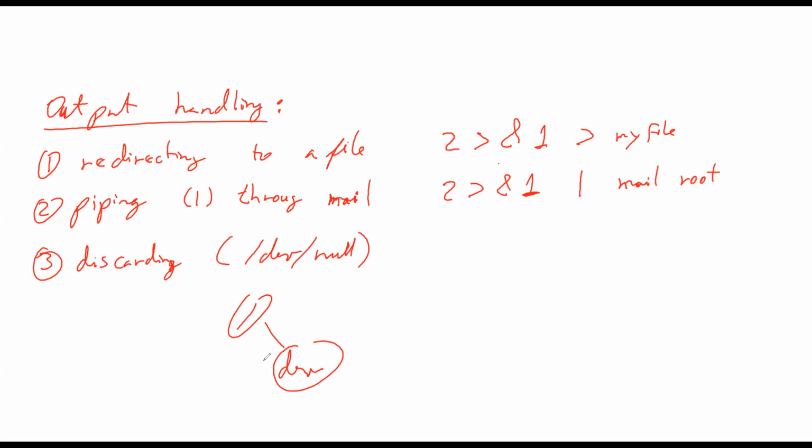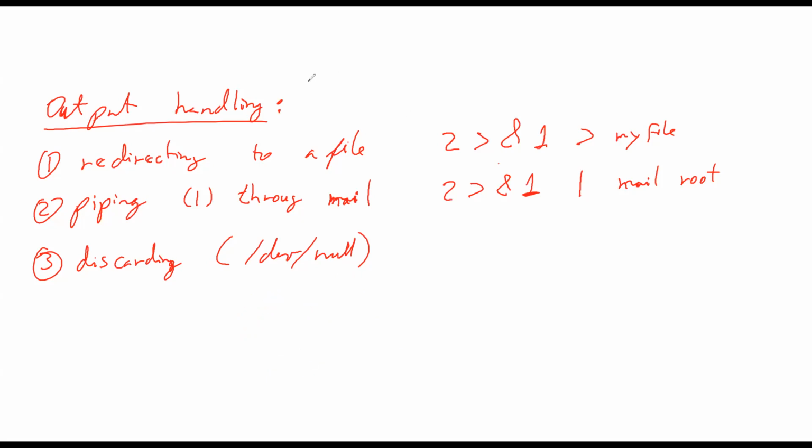A device is things that you can have on the computer, like your keyboard, but also your disk. You also have this built in, the device null, and that just means it's like a black hole. You send something there, and it's basically discarded. Okay? So we'll see an example of that in a second.